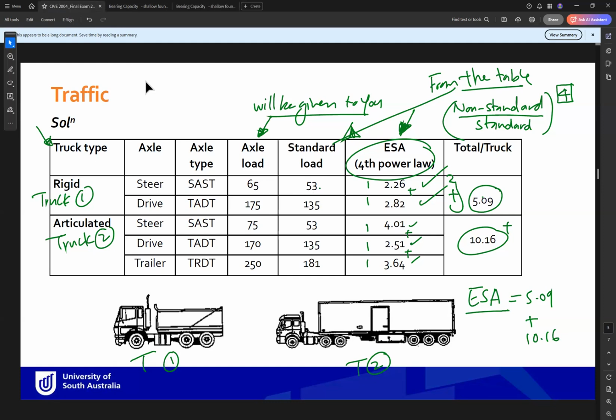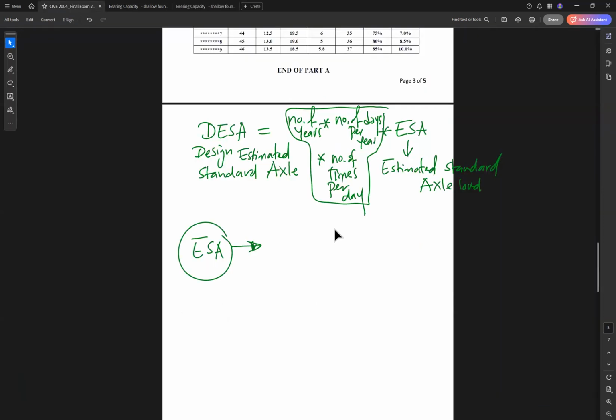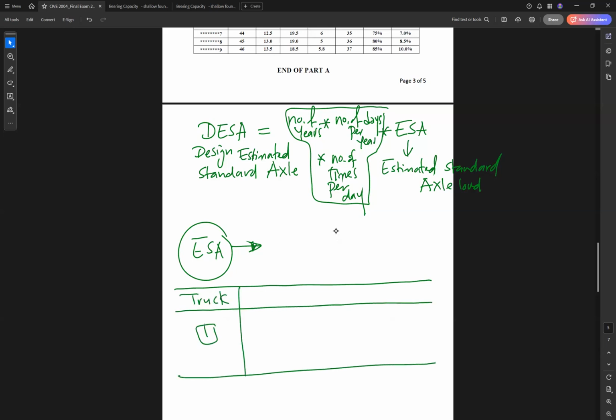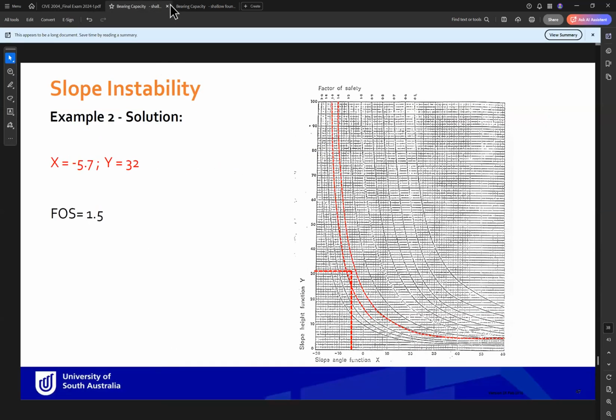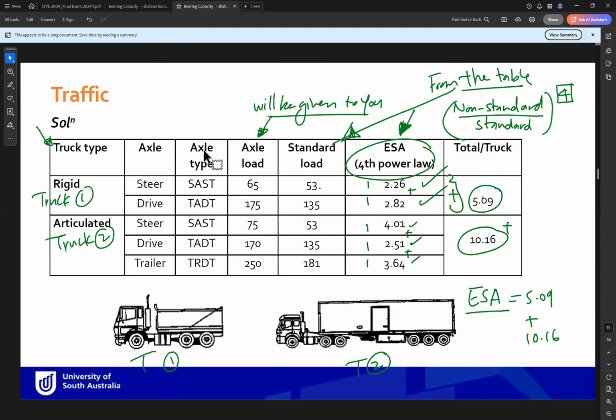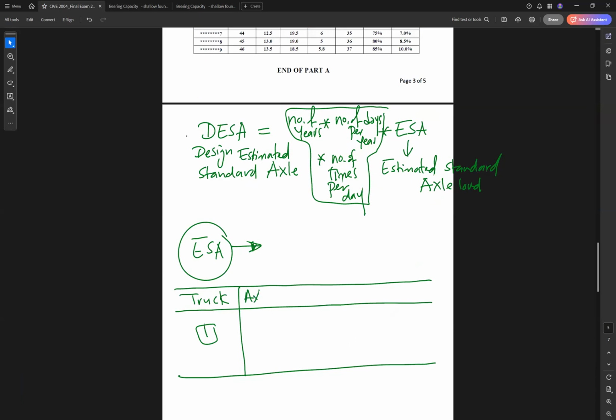So if we go to our problem, we will need to make a table. The table will be how many trucks we have. We have only one truck. And we need to have axle, axle type, axle load, and standard load.